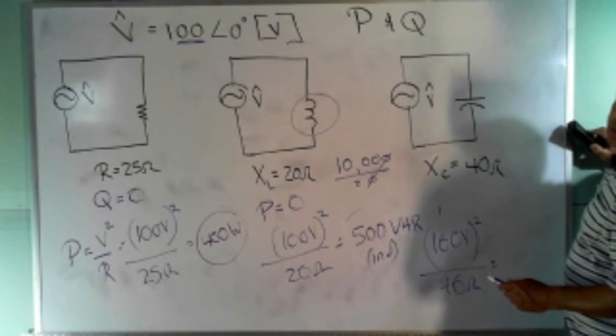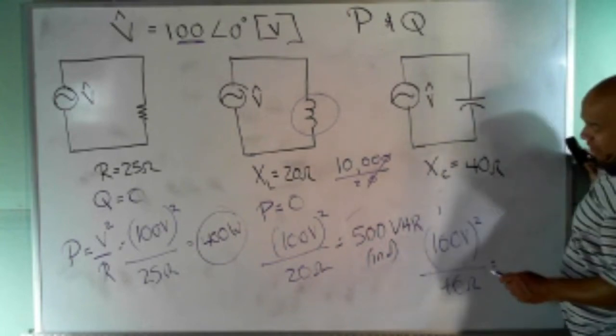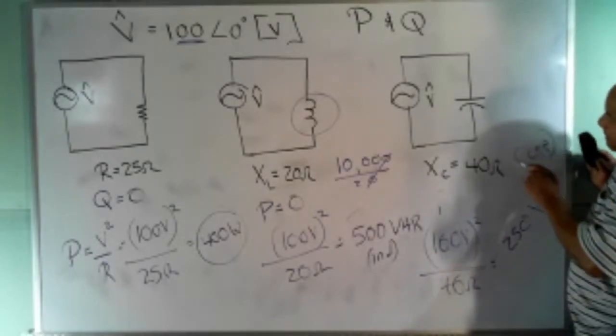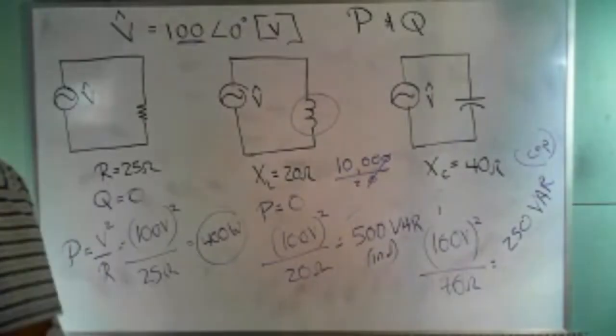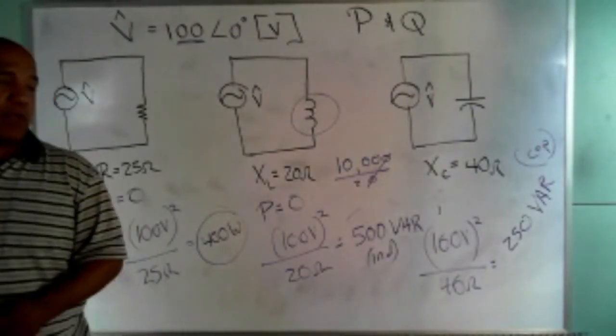I'm too tired to do the head math right now. 250, 250. This is VAR capacitive. That was pretty easy. There's nothing hard about that once you see what we were doing. So that wasn't too bad.